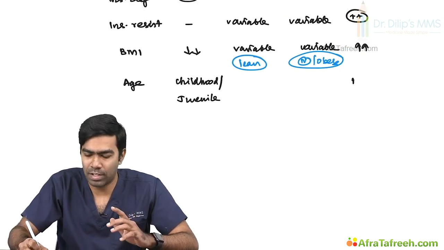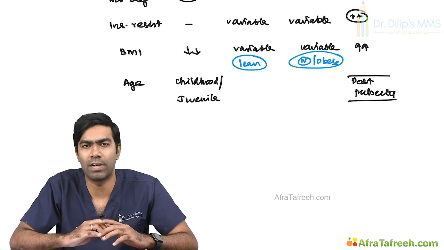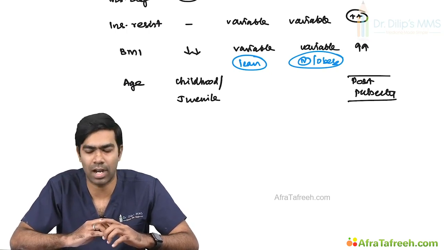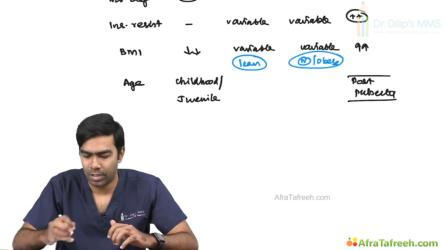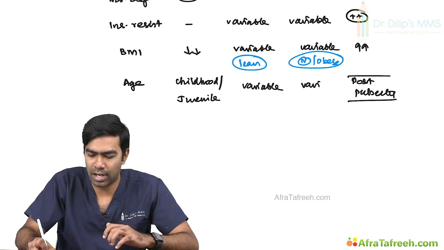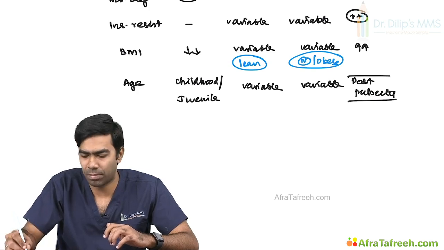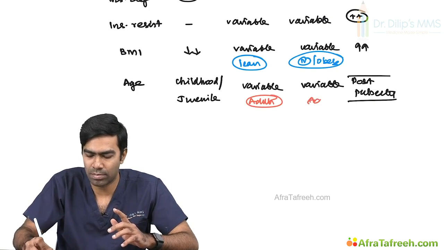And type 2 diabetes mellitus you can get anytime post-puberty, which means currently we are seeing a lot of adolescents with type 2 diabetes mellitus because of terrible lifestyle practices and severe obesity in that age group because of the televisions and the video games. And type 1B diabetes and LADA tend to be variable, but predominantly they happen in adults. Majority of times they happen in adults.